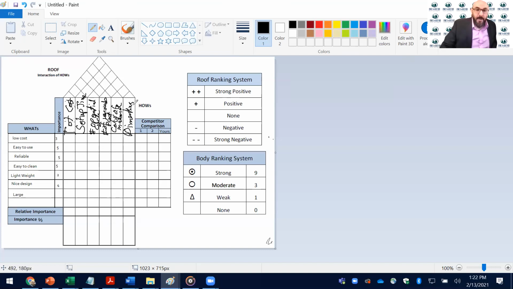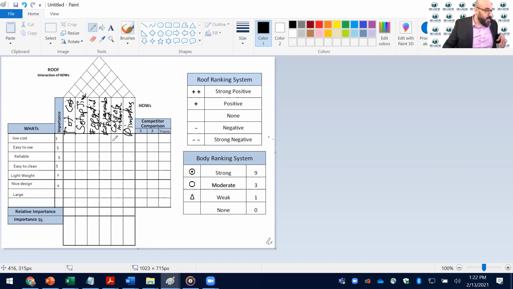Okay, so again, what we have so far is total cost, setup time, number of operational cycles, number of removable pieces, color of exterior material, and dimensions. These are the things we could use to measure the customer needs.